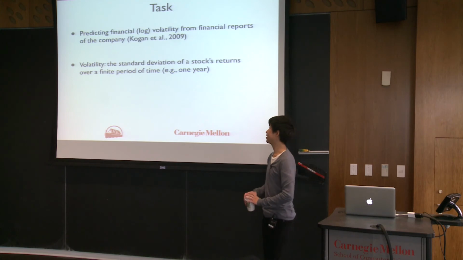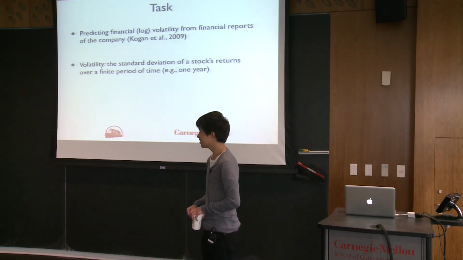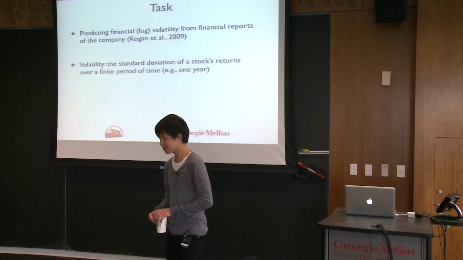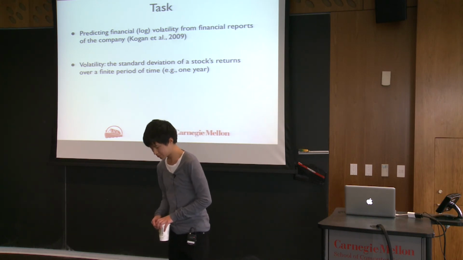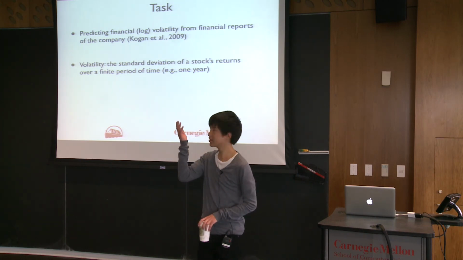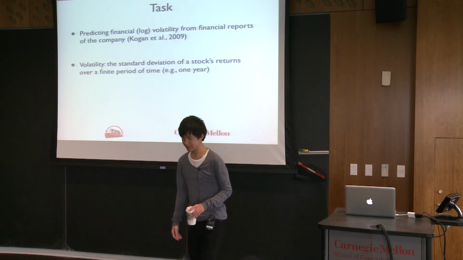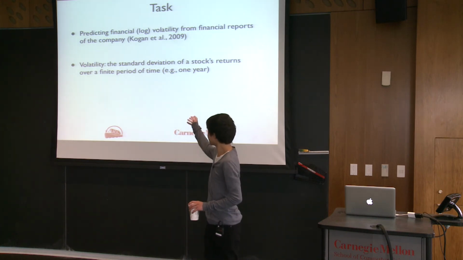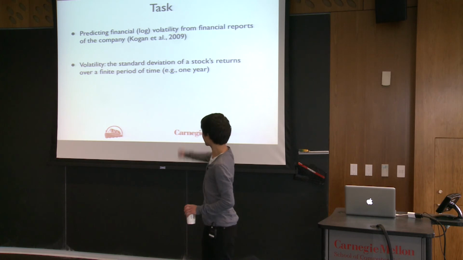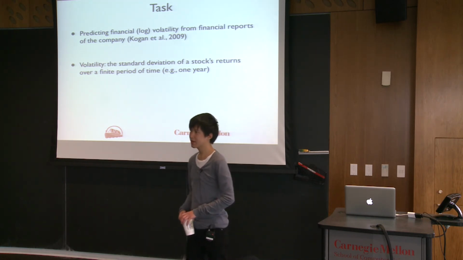Let's try it on a task. OK, so we're going to do a different task here. We're going to predict the volatility of stock returns from financial reports of the company. Volatility is defined as the standard deviation of stock returns over a finite period of time.